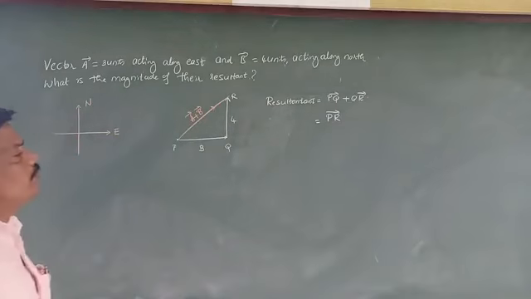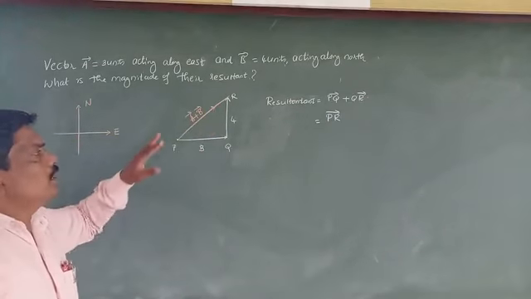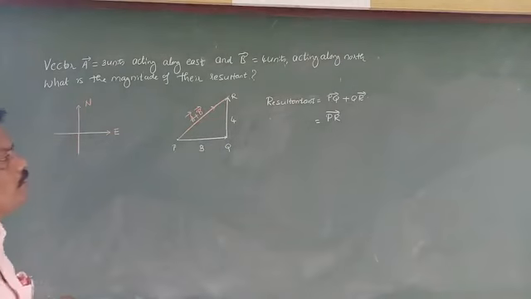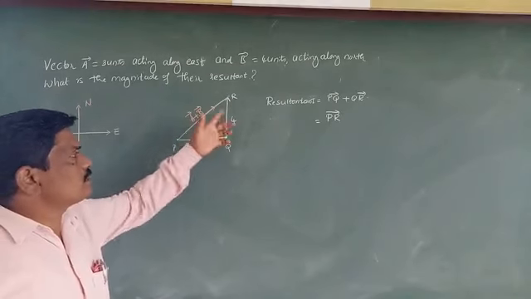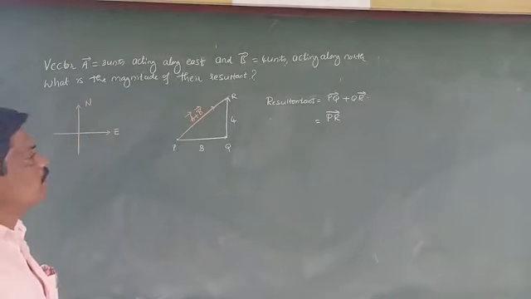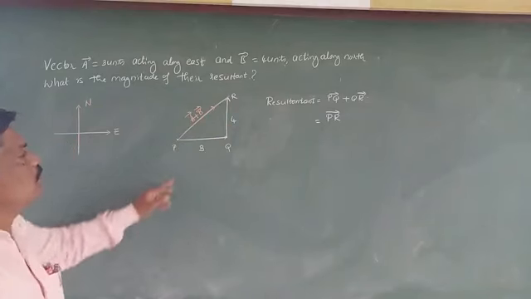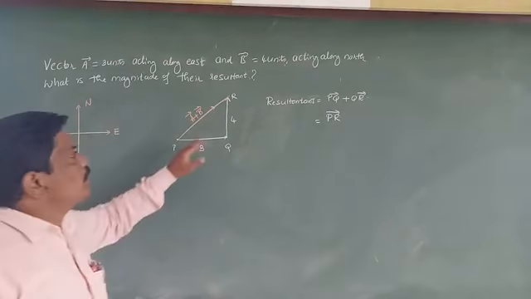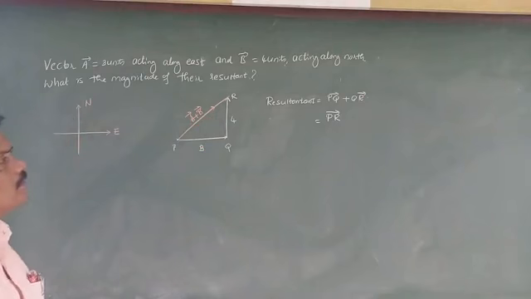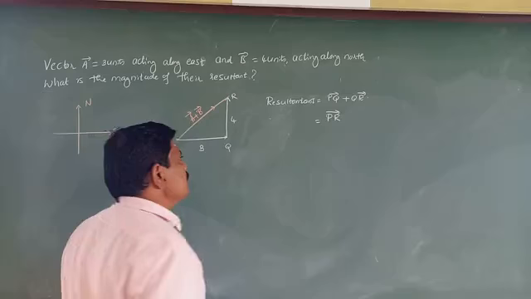Definitely we get a right angle triangle as per the triangle law of addition of vectors. If two vectors are taken as two sides of a triangle in order, the third side taken in reverse order gives the magnitude and direction of their resultant. Therefore the resultant of these two is vector PR, which means vector A plus vector B.